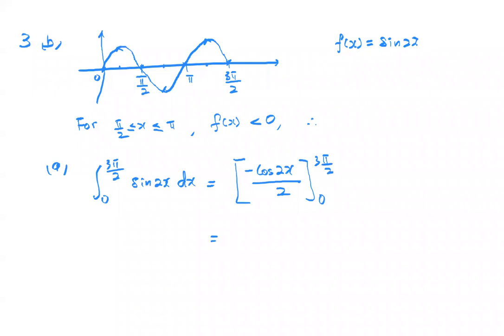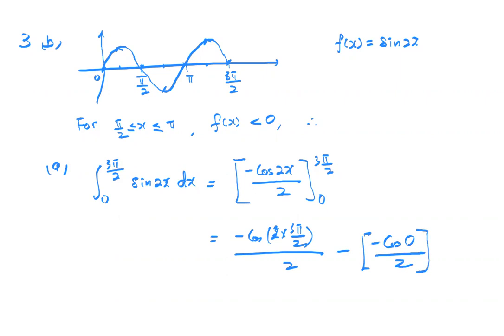You will get negative cos of 2 times 3 pi by 2 divided by 2, take away negative cos 0 divided by 2. This one will be half plus half, so equal to 1. That's it. Are you clear? So that is how you show part A.